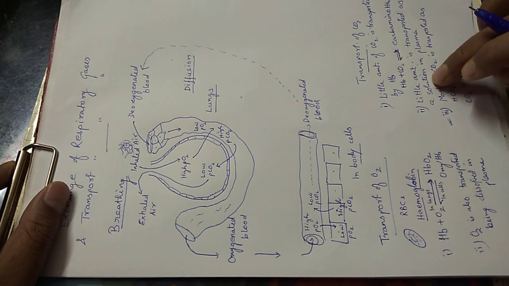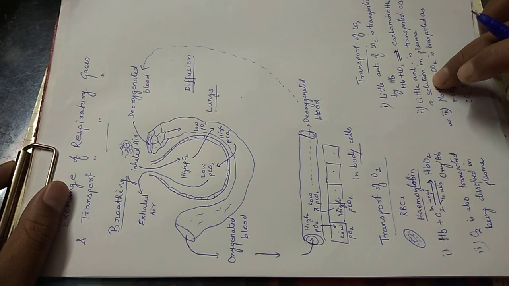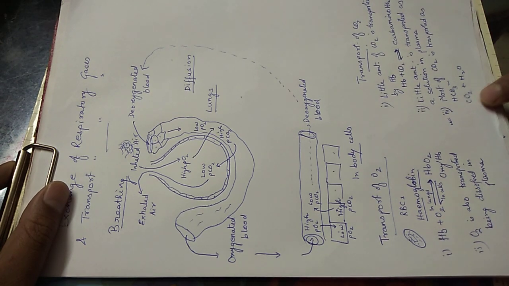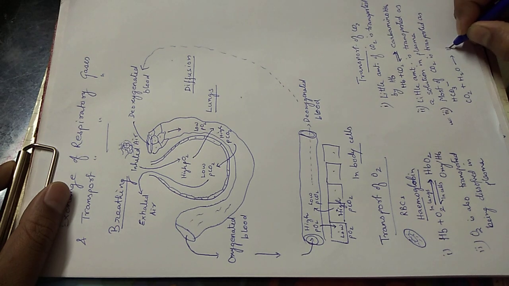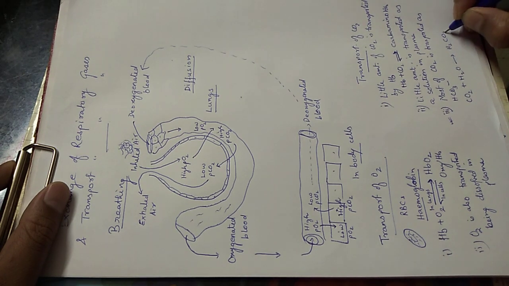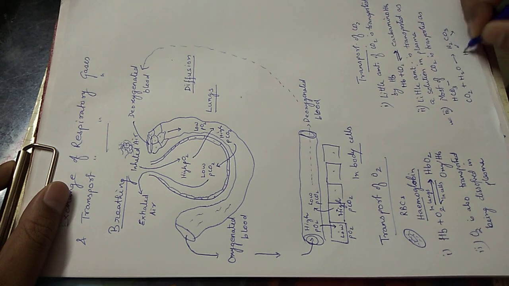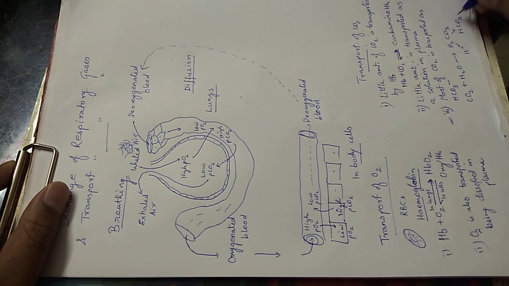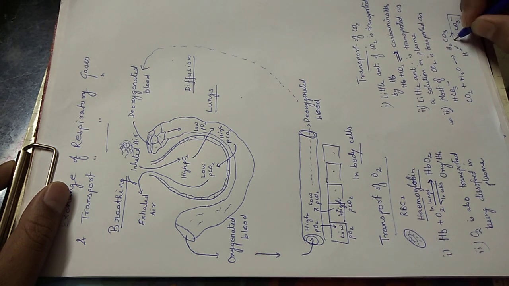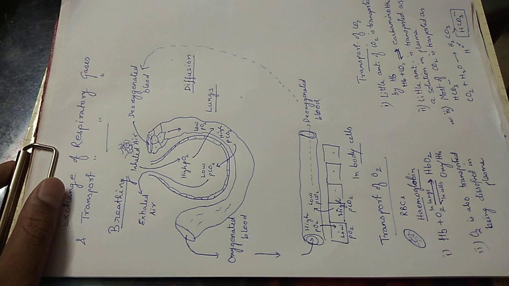Forming a solution is a physical process where carbon dioxide simply gets dissolved. But here carbon dioxide reacts with water present in plasma and forms carbonic acid, H2CO3, which later ionizes as hydrogen ion and bicarbonate ions. So most of the carbon dioxide is transported as bicarbonate ions.